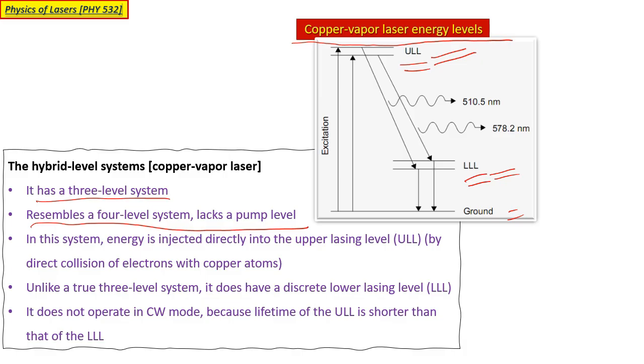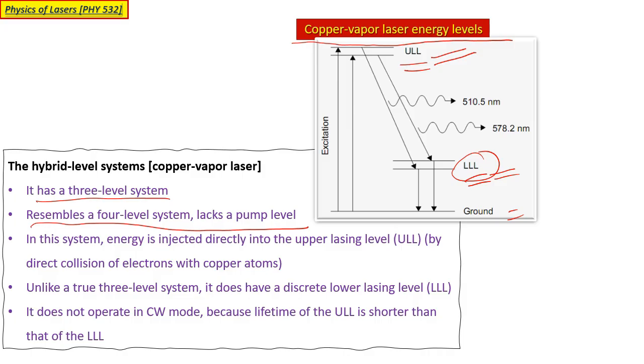In a usual 3-level laser system, we don't have a low lasing level, only ULL, pump level and ground. But here, this is a 3-level laser that is like a 4-level laser, because the ULL and LL levels are there. There is no pump level.